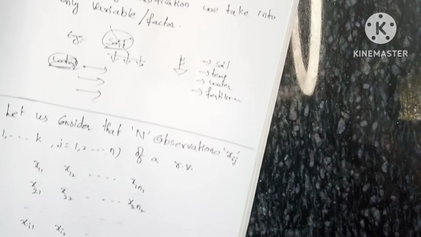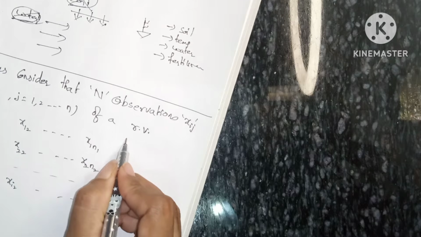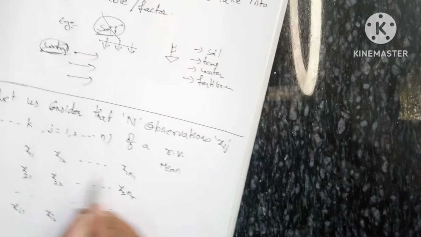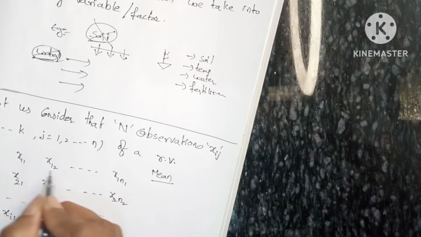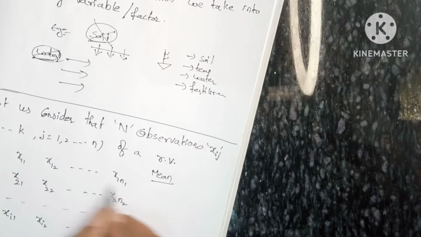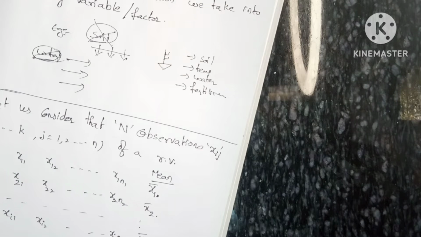As I told, ANOVA one-way depends only on one direction, so that's why here I am going to analyze only in one direction. First we have to find the mean. The mean is denoted with x1 dot bar, x bar 2 dot and so on, x bar i dot.